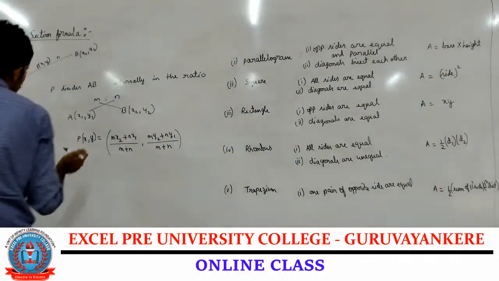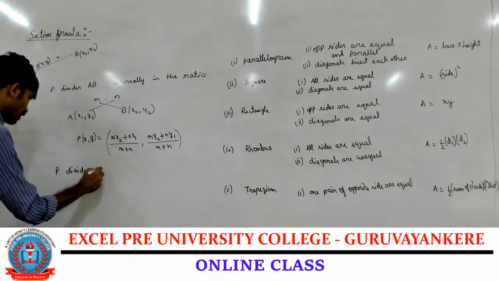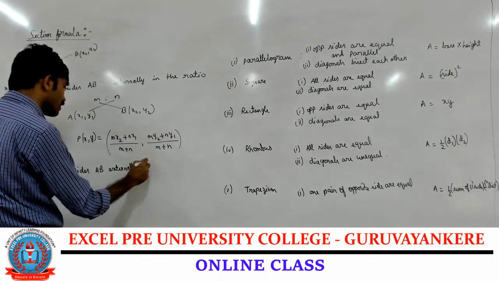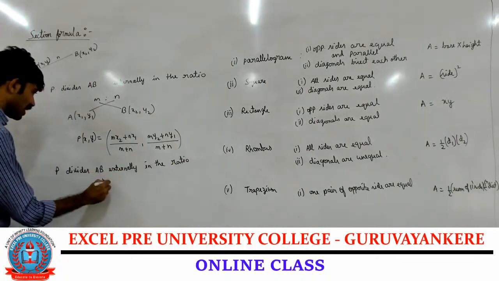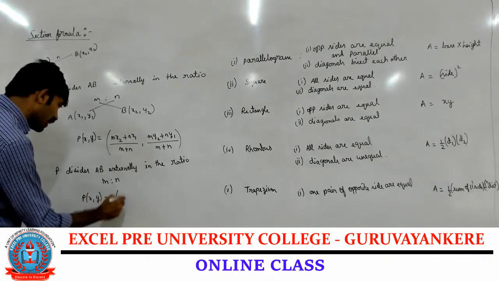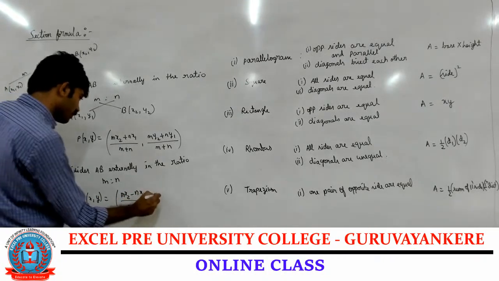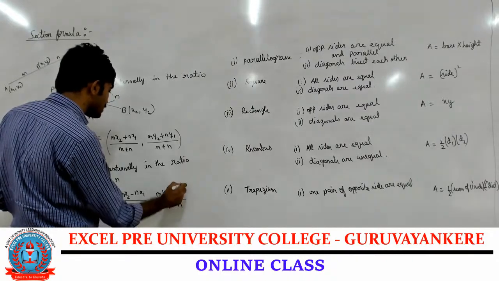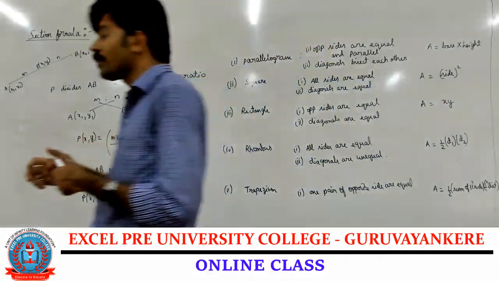In that case, P (x, y) is m into x2 minus n into x1 by m minus n, and m into y2 minus n into y1 divided by m minus n. In external division, point P is outside AB.